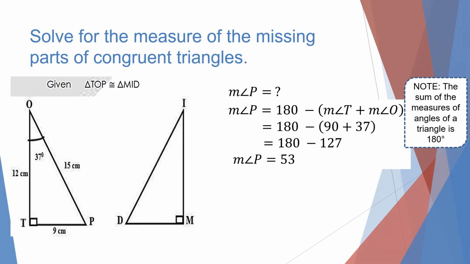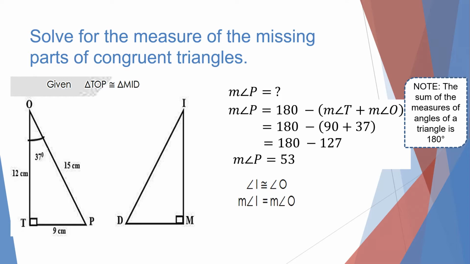Paano? So, we identify the congruent angles. Okay, so we have angle I is congruent to angle O. Since they are congruent, their measures are also equal. So, measure of angle I is equal to measure of angle O. At ano ang measure ni angle O? The measure of angle O is 37 degrees.